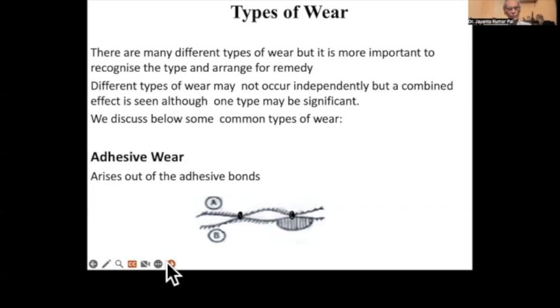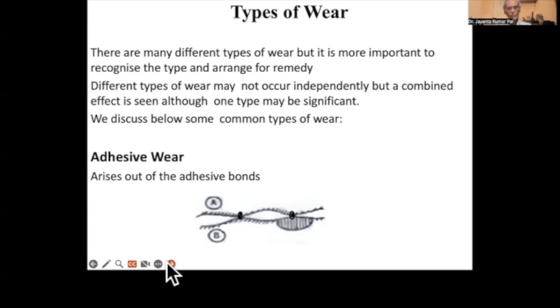Following Bowden-Tabor's theory of friction and wear, they propose that when two surfaces are slid one against another, usually the contact takes place at the peaks of the asperities, and since the load is taken only by very few points with small contact area, the contact pressure is very high.